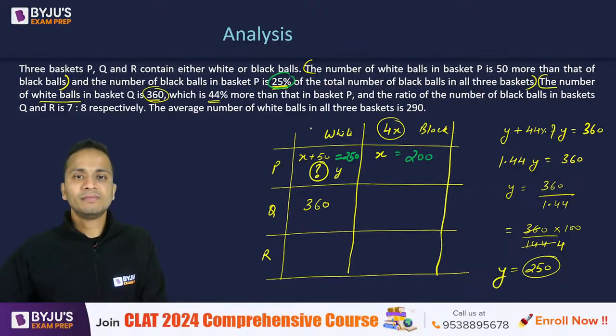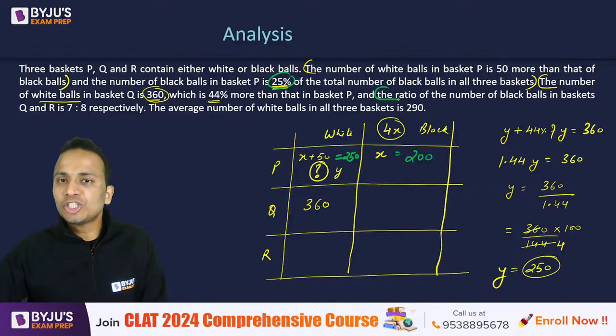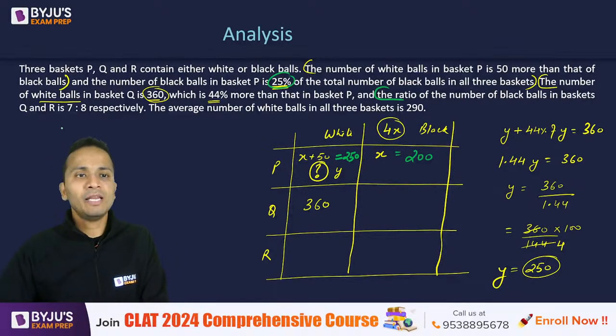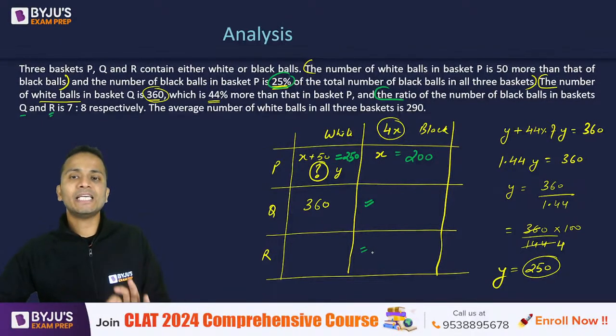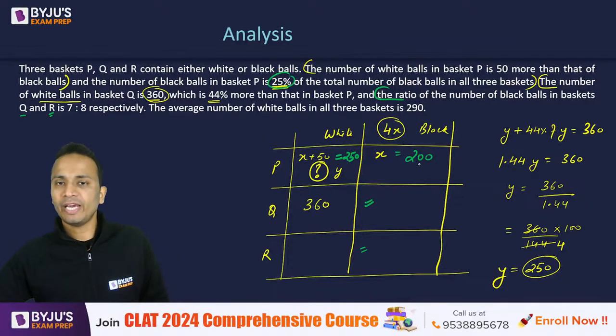Now let's move ahead. The ratio of the number of black balls in basket Q, that means this, and R, that means this. So the ratio of these two numbers is 8:7. Okay. Now I already got the value of x. So अगर x 200 है तो 4x कितना हो जाएगा? It will be 800.